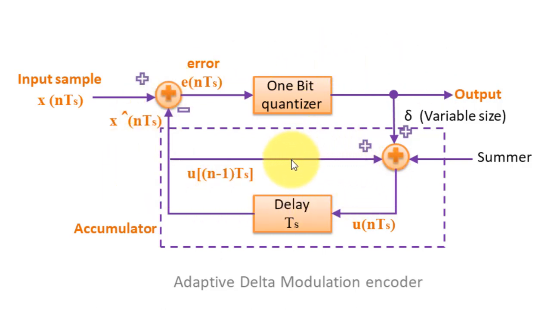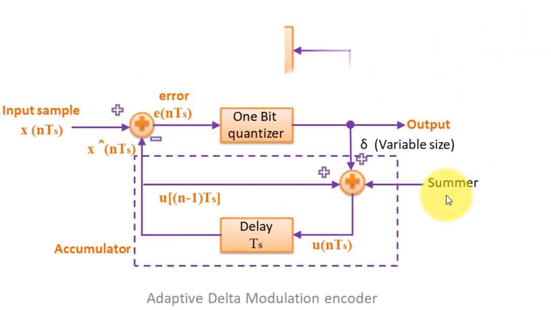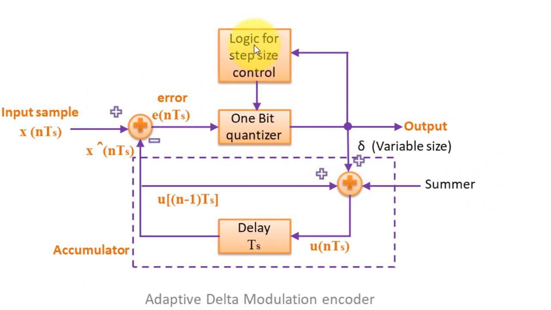So what are the things that make our delta modulation adaptive? In adaptive delta modulation, what we have added to delta modulation is another logic for step size control. This is the logic which alters the 1-bit quantizer output, that is, it makes our step size delta variable, whereas in delta modulation the step size delta is fixed.